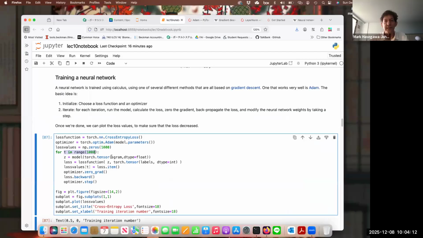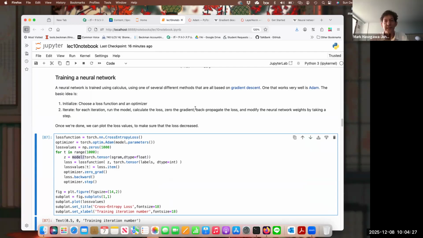For each of those iterations, we'll run our model on the spectrogram. We'll take the spectrogram, create from it a PyTorch tensor with a data type float, and then run the model in order to calculate the output samples z.